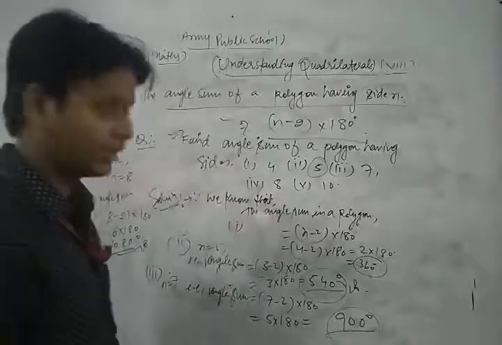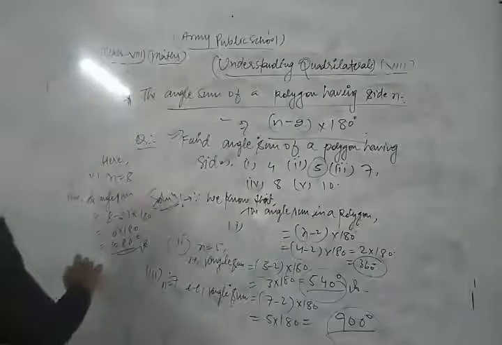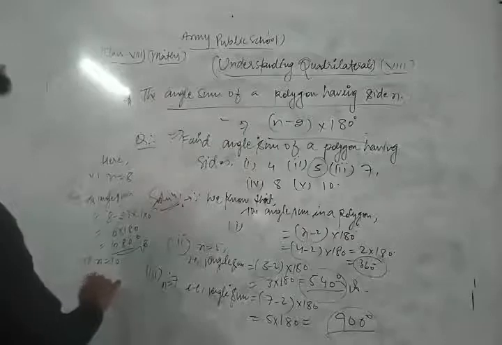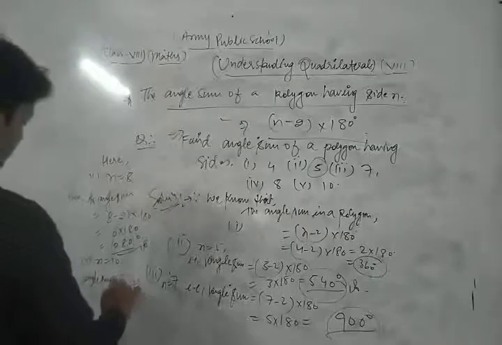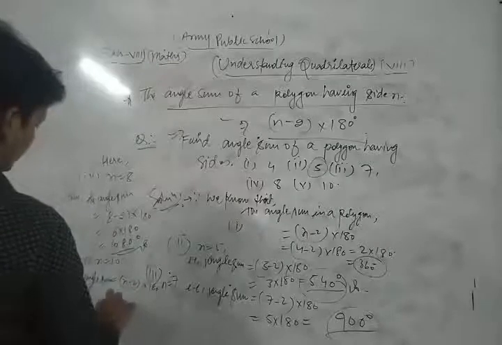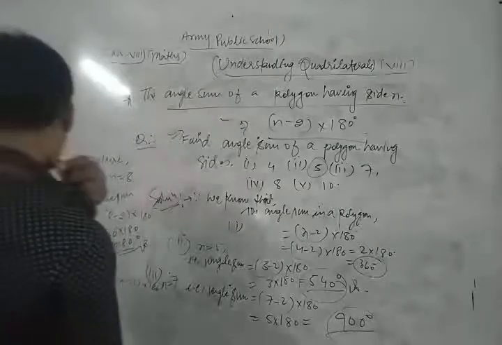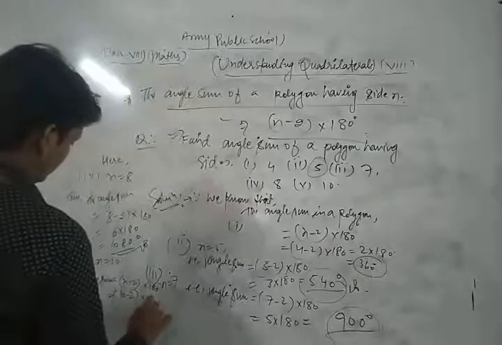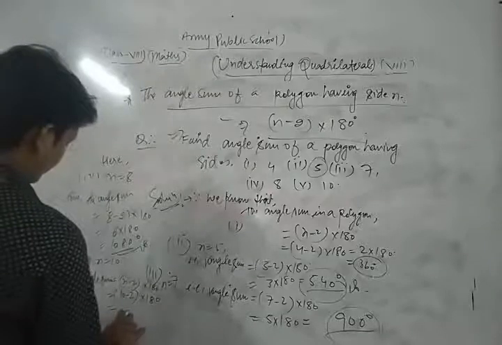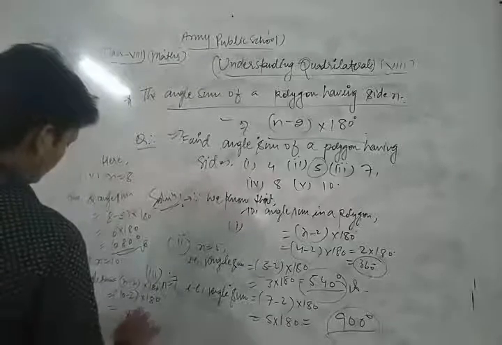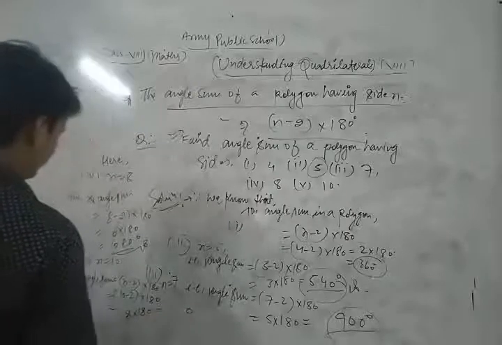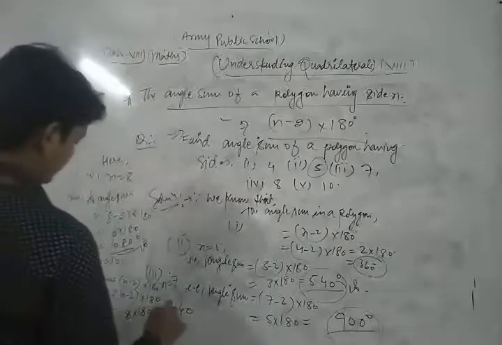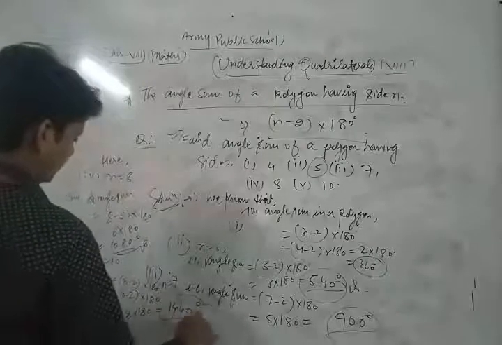Now we solve the last part, n is equal to 10. The angle sum is (n minus 2) into 180, that is 10 minus 2 into 180, that is 8 into 180, which is 1440 degrees. So this is another answer.